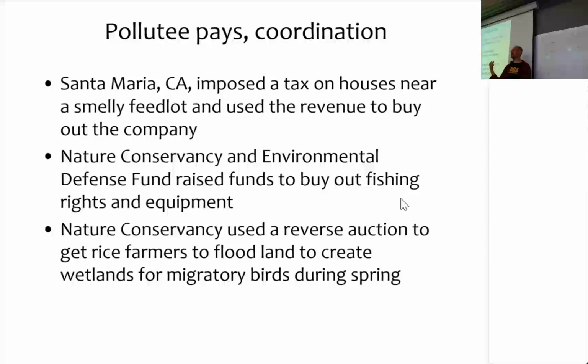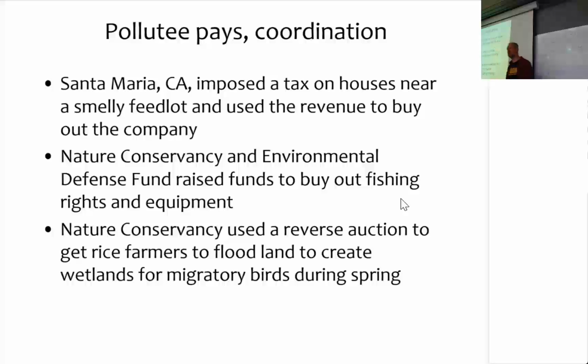They raised money from a whole lot of pollutees who were concerned about this, and then they organized a reverse auction. Say we need so many hectares or acres of flooded land in spring, and we're going to buy this from the farmer who wants to sell this cheapest, right? So they had many people who were concerned about the migratory birds, and they also had many farmers who were a potential solution to this problem, and they solved the former problem by just getting donations from a large number of people.